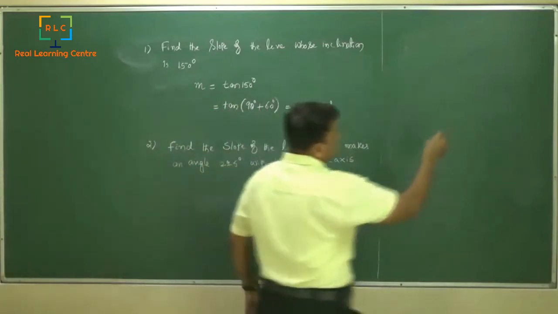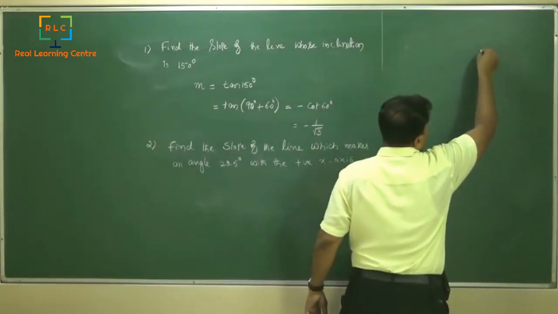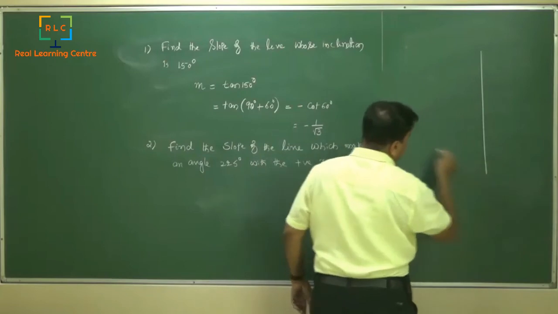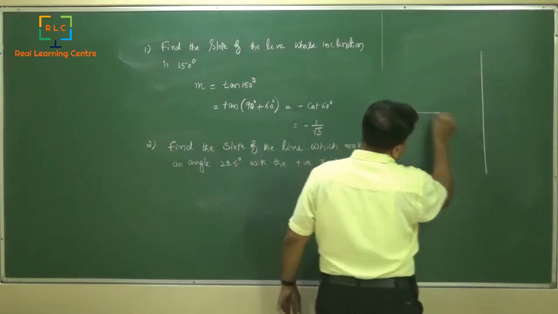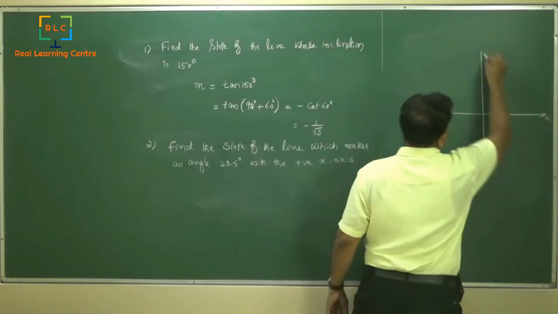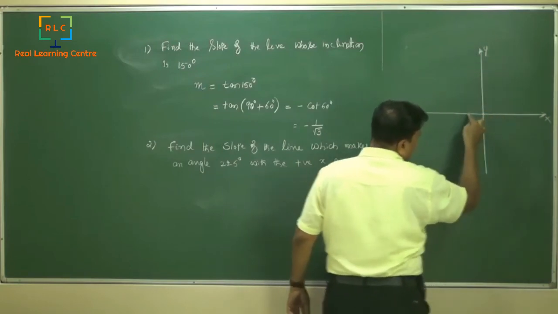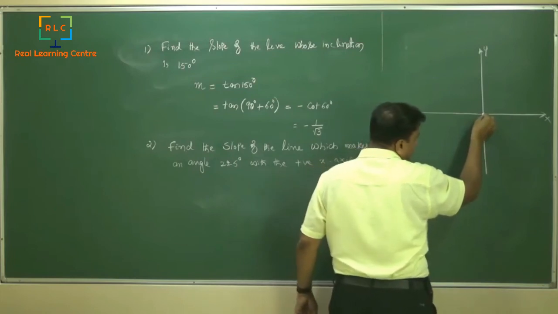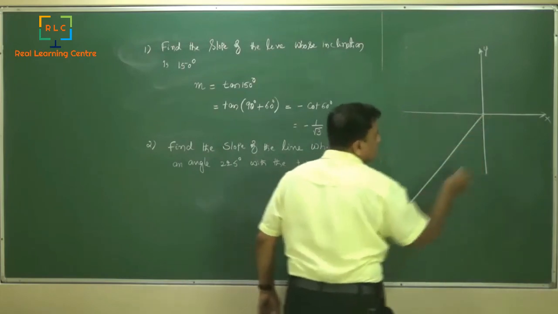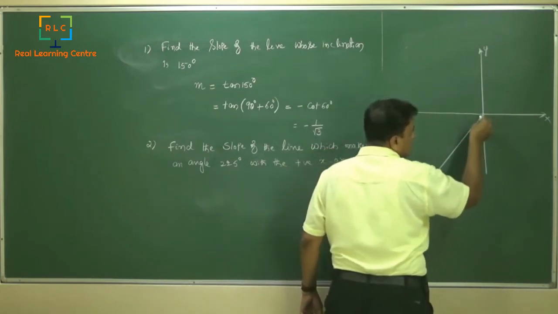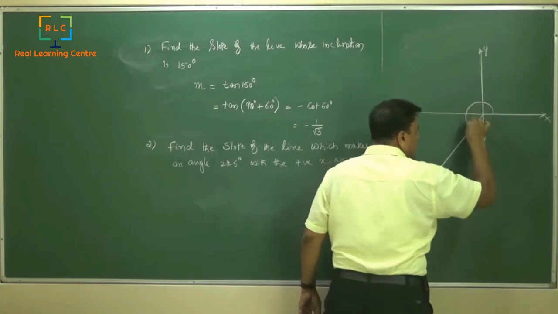Okay, so this is the diagram, how we can take it now. X-axis, y-axis. So 0, 90, 180 and plus 45, that is 225 degrees, comes here. This is 225 degrees.